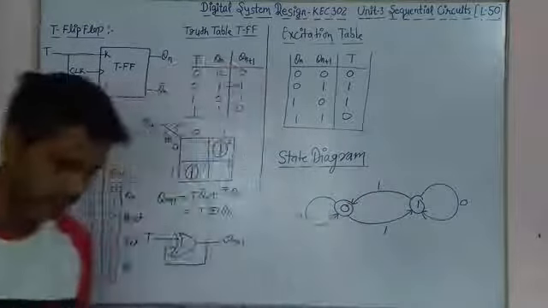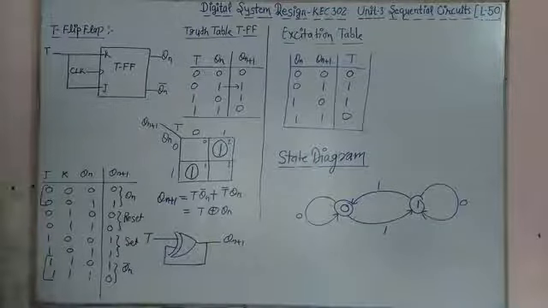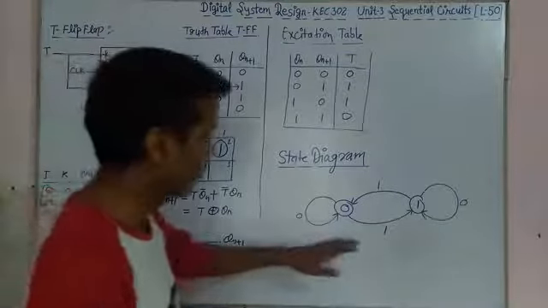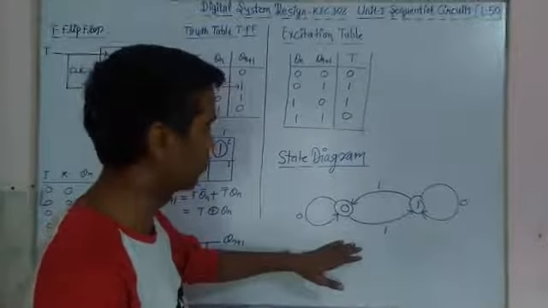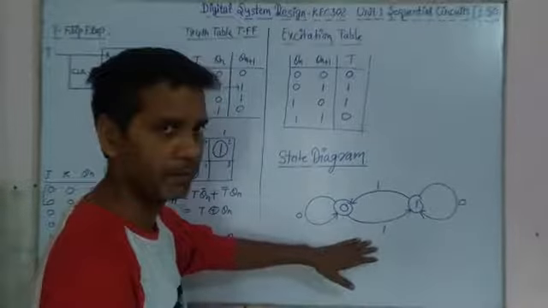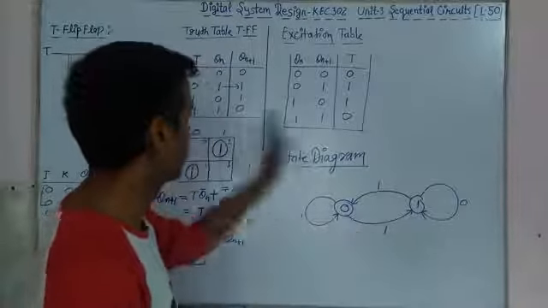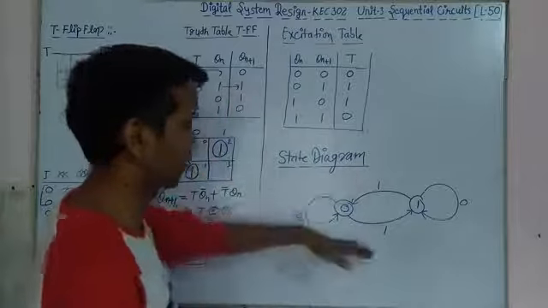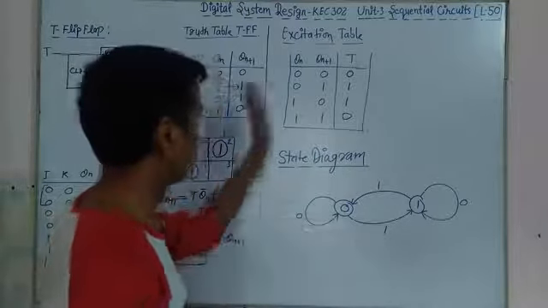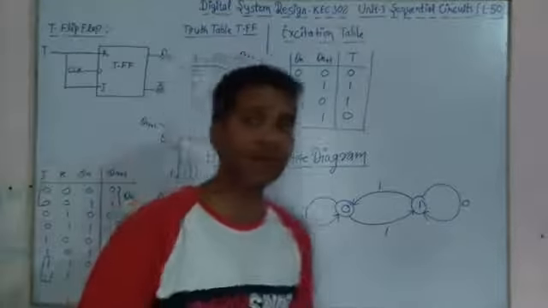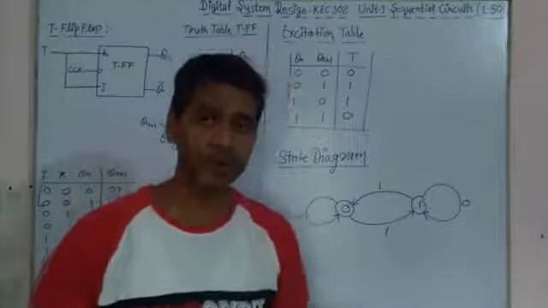So this is the state diagram, and you can find the truth table from this state diagram, and you can convert vice versa, from truth table to state diagram and state diagram to truth table. Once you have a truth table, then you can do everything.